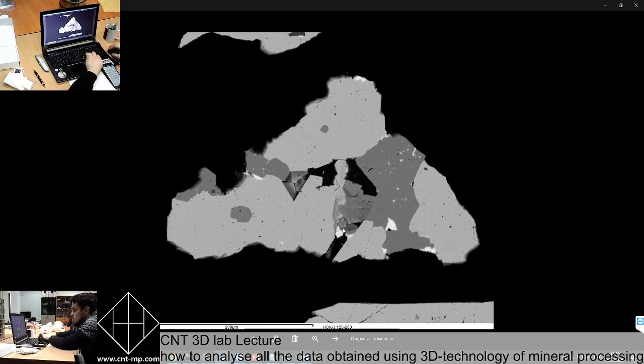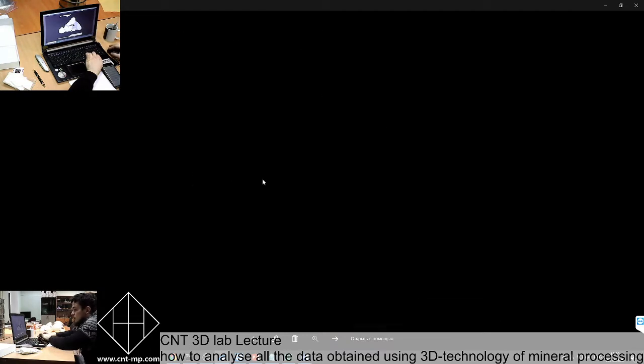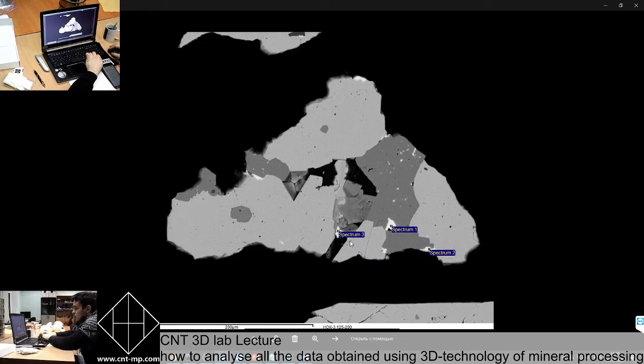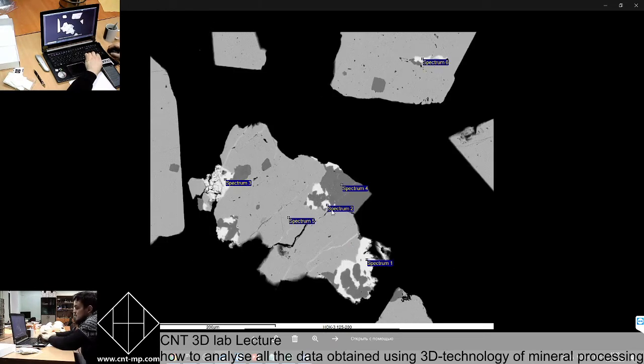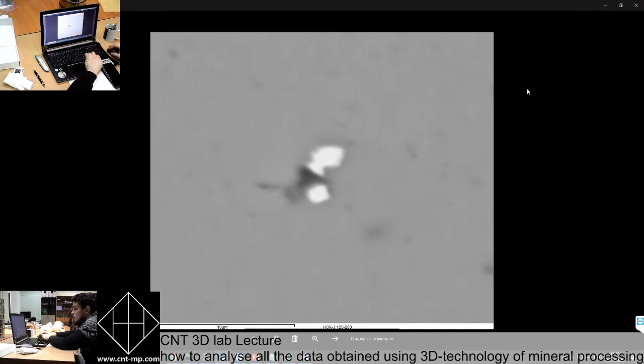This is phase 1. It goes there, and there. Phase 2 goes there, and there. And phase 3 goes in a dark gray color here. Each analysis, each spectrum, goes with a special Excel table.